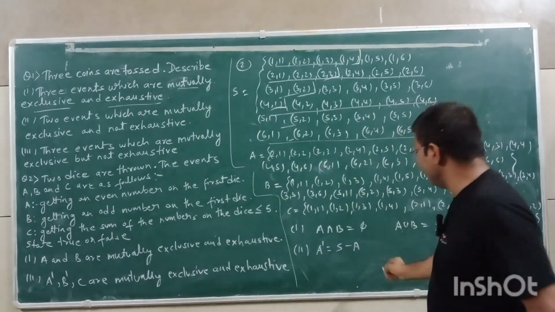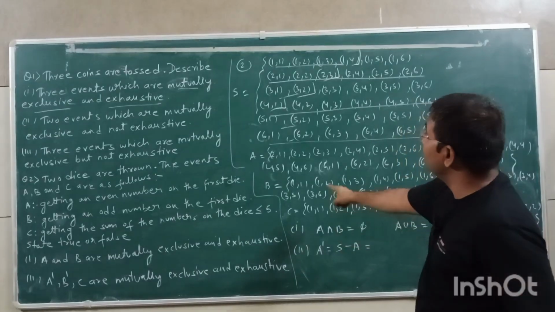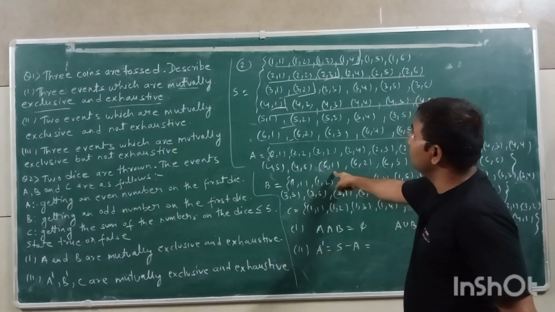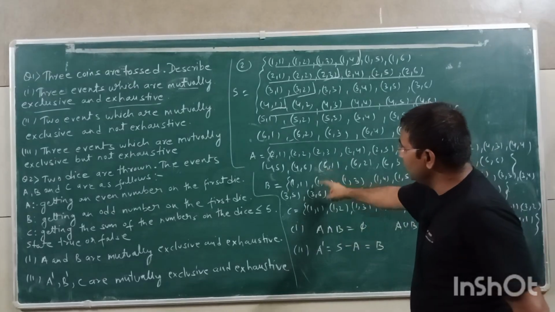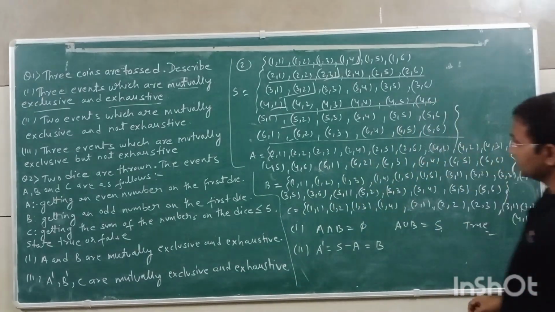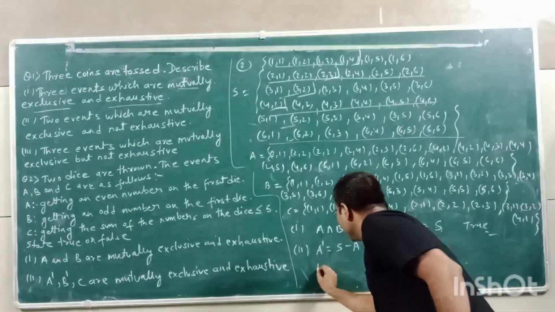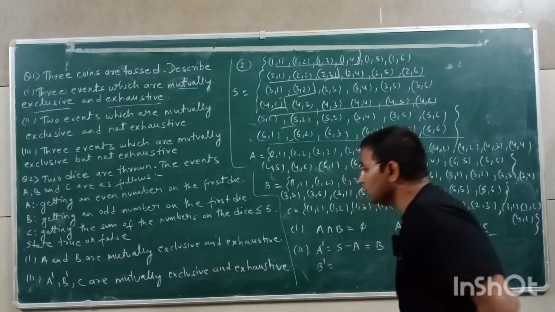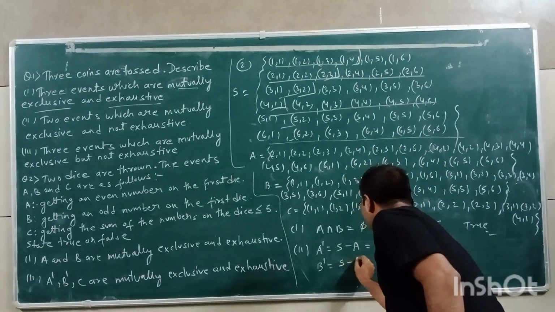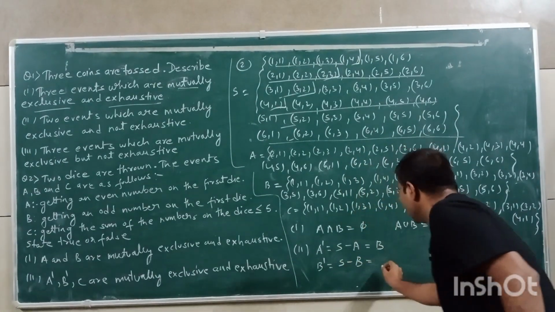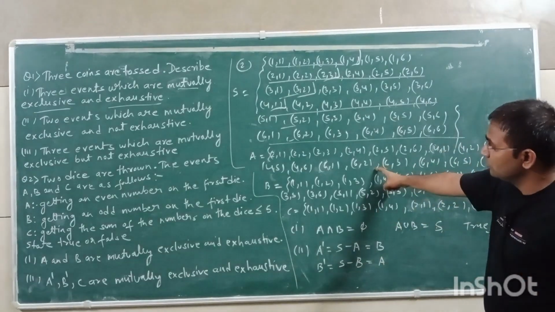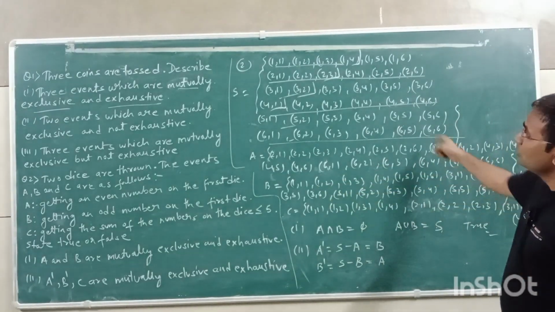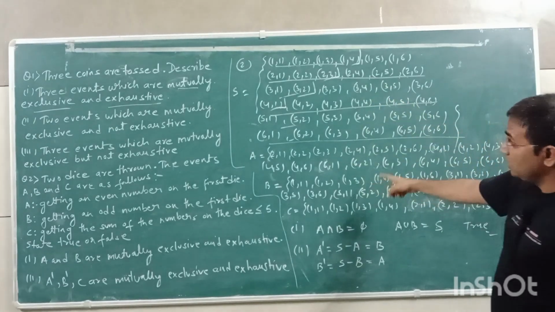When you subtract A from the sample space, you will get B because A union B is the sample space. Now if you calculate B complement, then write S minus B. Then if you subtract B from S, you will get A.